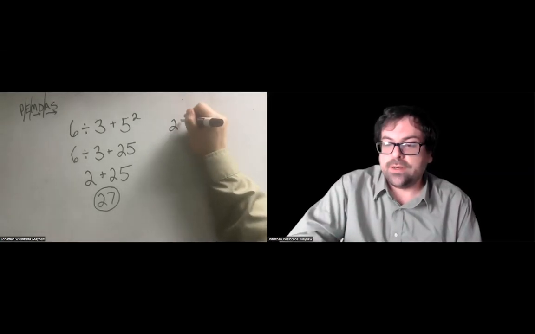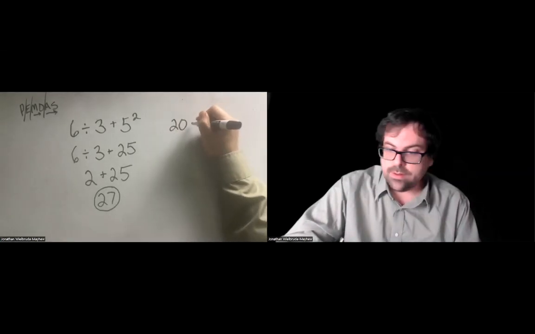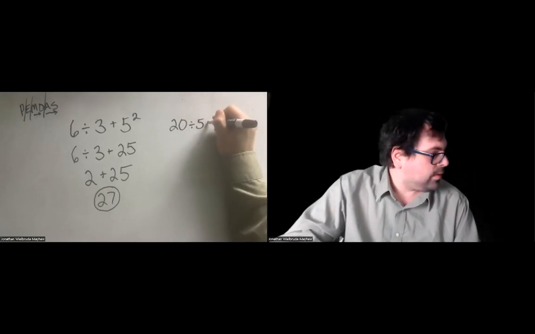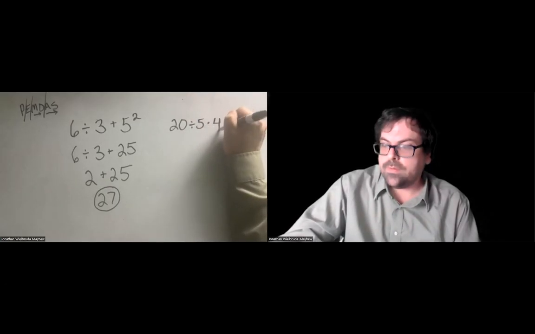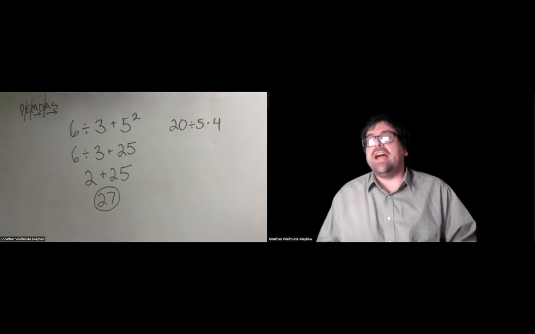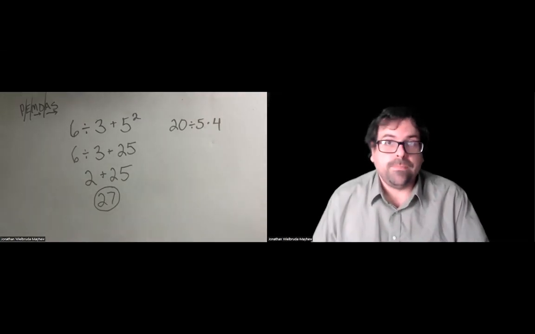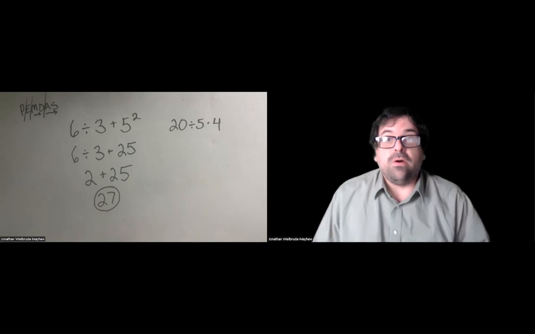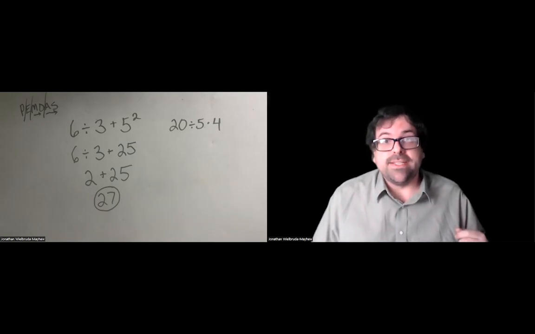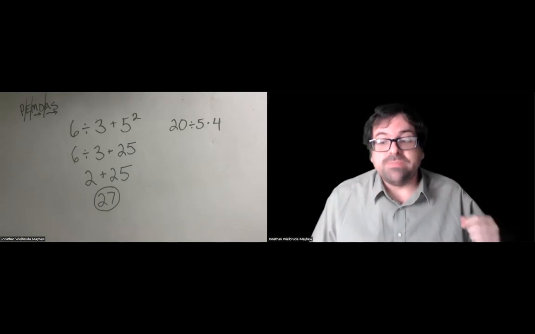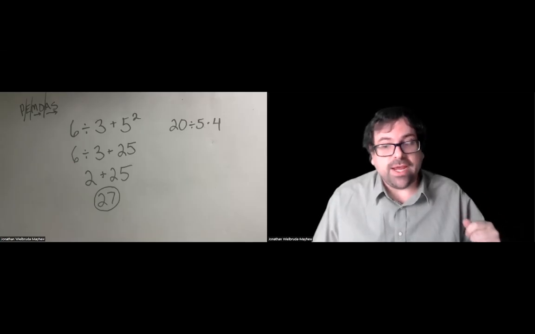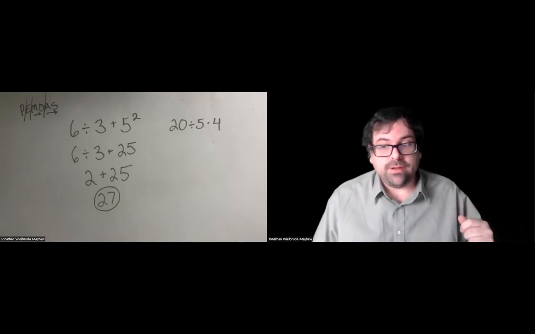Let's look at another. 20 divided by 5 times 4. Now, I feel like I'm beating a dead horse at this point. Multiplication and division, left to right, as you come to it.